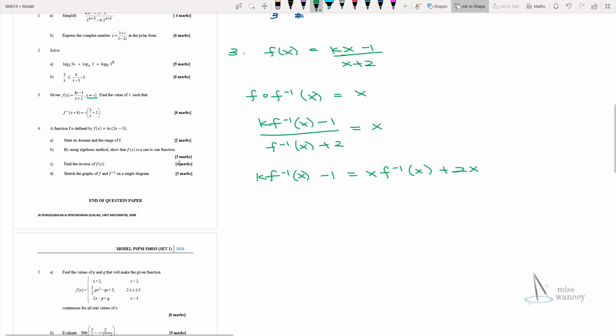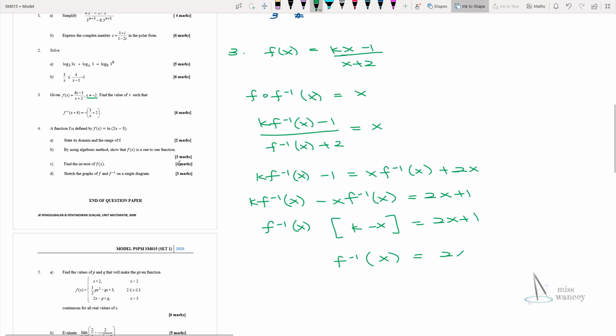Bring f inverse to the left hand side. So we got k f inverse of x minus x f inverse of x equal to 2x plus 1. So that means f inverse of x multiply with (k minus x) equal to 2x plus 1. So f inverse of x is equal to (2x plus 1) over (k minus x).